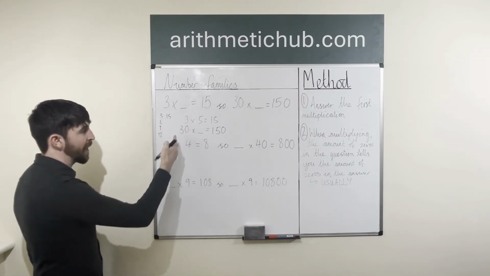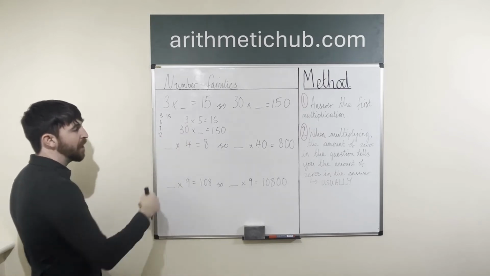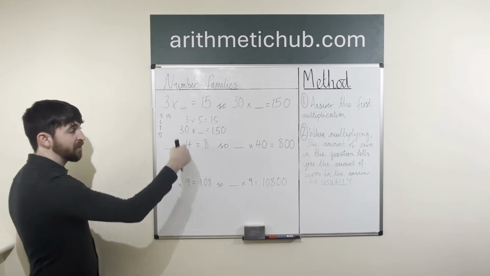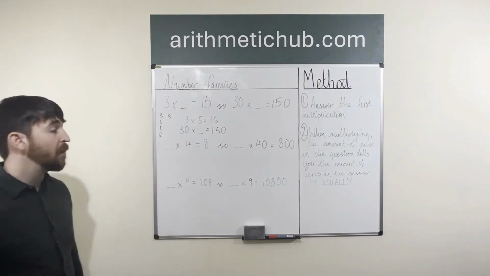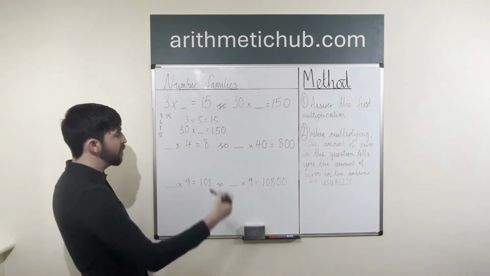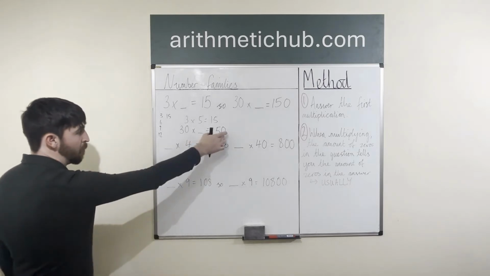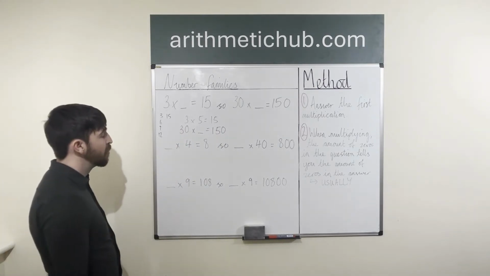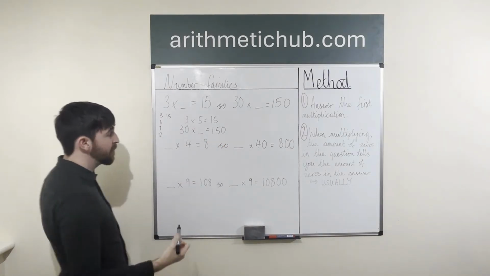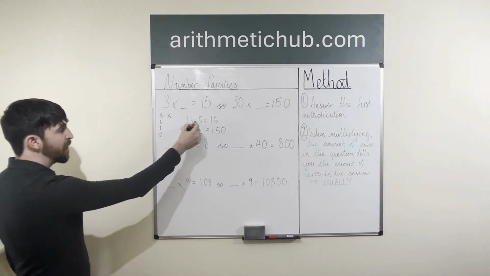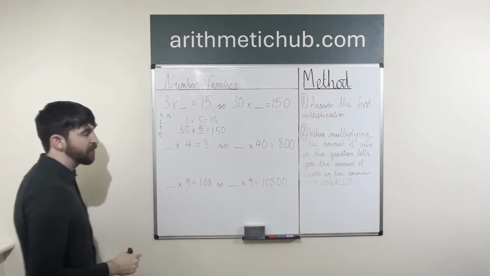So if we've multiplied part of the question by 10, we need to multiply our answer by 10, which means we move the place value one column along and put our placeholder zero in. So, 3 times 5 is 15, 30 times 5 is going to give us 150.